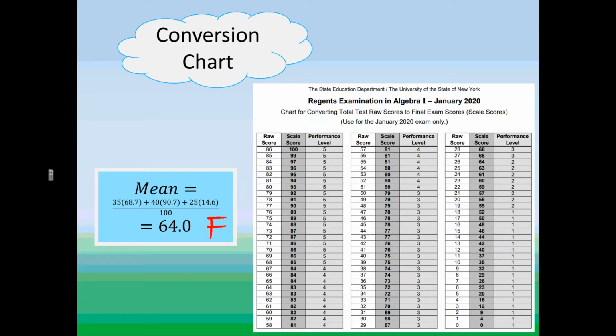Anyway, these conversion charts then tell you if your raw score is a 64, you're really getting 83. So your F, actually a B. These conversion charts are very rare, and normally they only happen for state tests, for Regents exams in New York State's case. They are a very, very special form of grading.